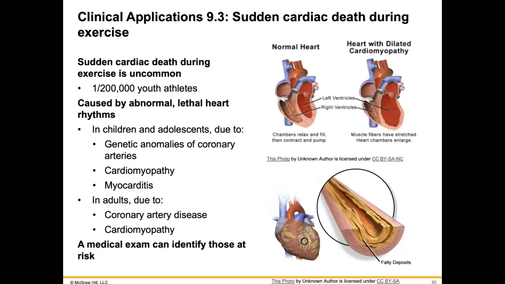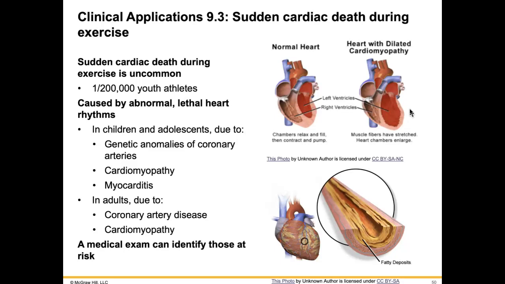In children and adolescents, it could be due to genetic anomalies of coronary arteries, maybe not giving proper blood supply to certain areas of the heart, or cardiomyopathy, where you can see that pictured over here on the top right, where we will have a thinner ventricular wall and there's more space for blood to fill. And then we have myocarditis, which is going to be inflammation of the actual muscle tissue.